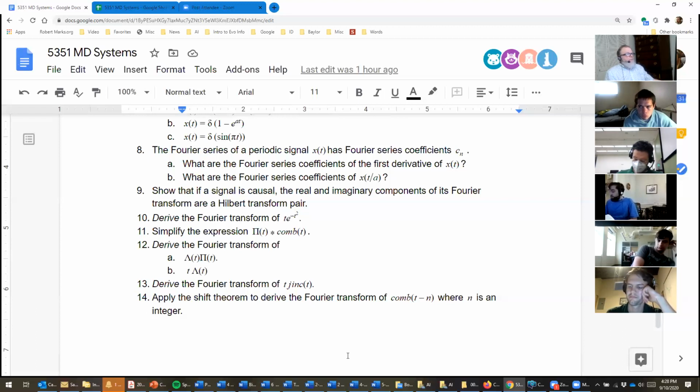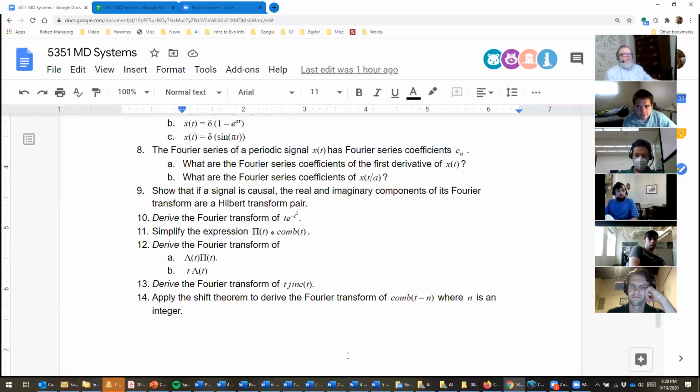Anybody get number 11? Simplify the expression for pi of t convolved with the comb of t. Well, I'll let you stew on that one a little bit.